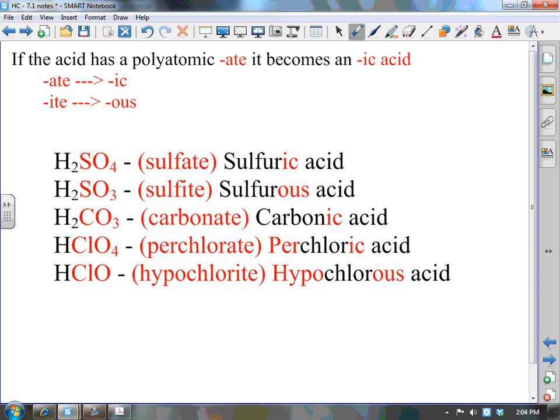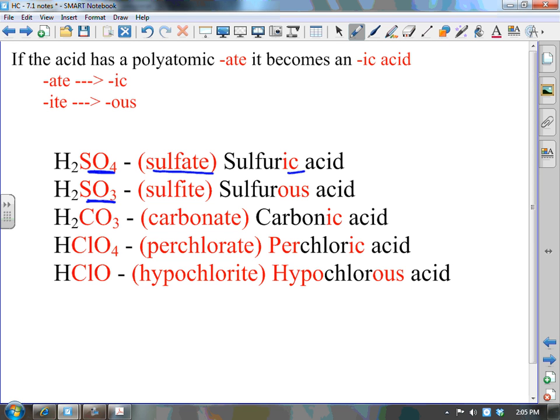Okay? So if the acid has a polyatomic ate in it, it becomes an ic acid. If it has a polyatomic ite in it, it becomes an OUS acid. So I have just different acids, and then in red are what the polyatomic names are, and then finally what the final acid name would be. So SO4 is sulfate, sulfate in an acid, sulfuric.